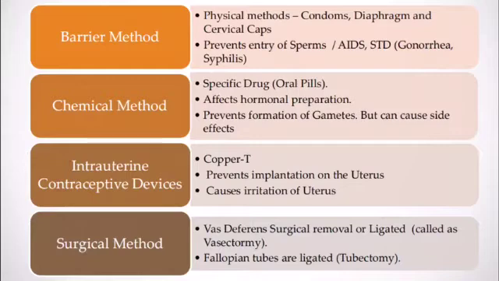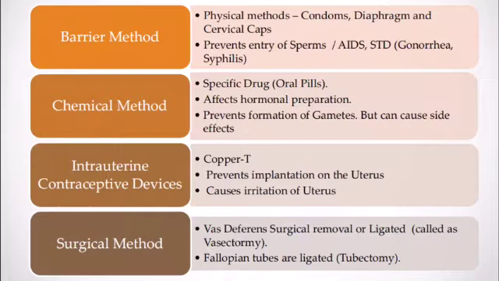The disease is a chronic illness which affects the mucous membrane of the genital, rectal, and oral regions and causes lesions. Infection occurs through sexual contact, and syphilis is easily cured with antibiotics. Next is the chemical method.